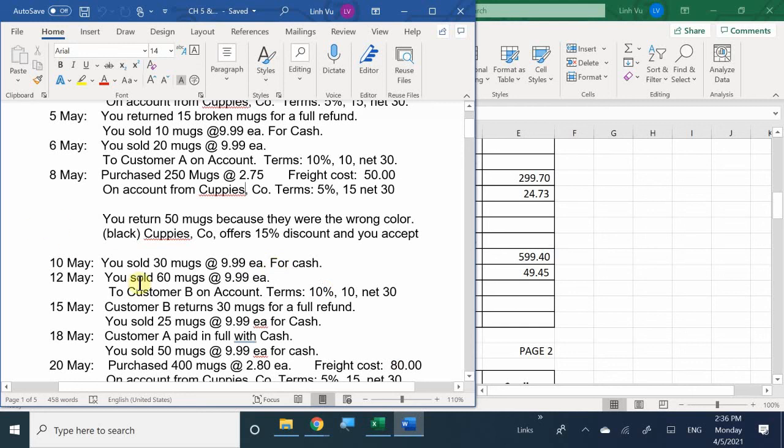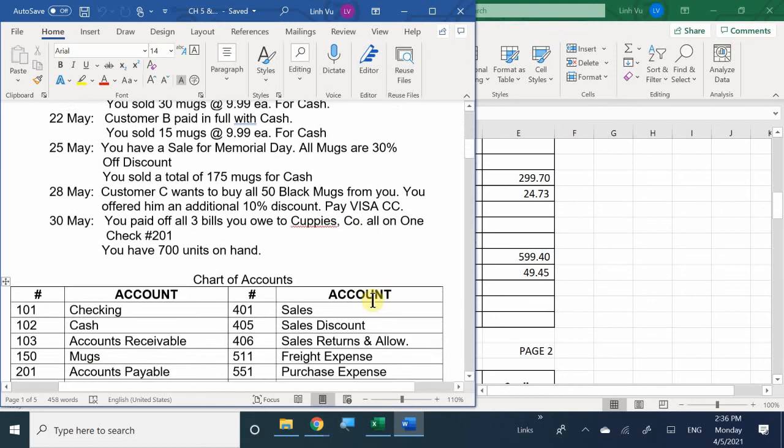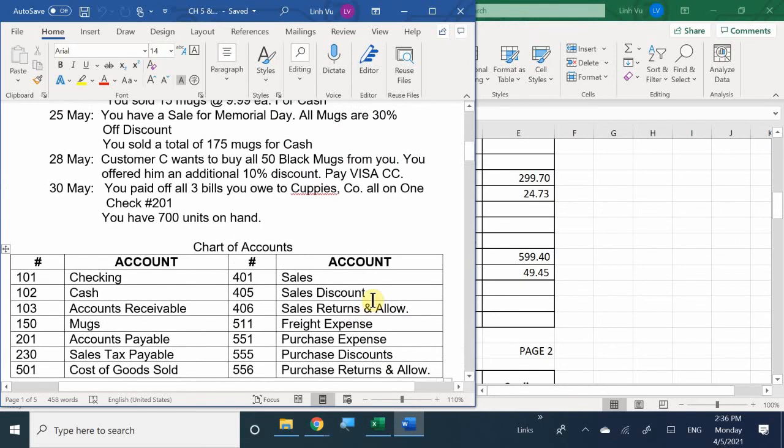Okay. So then what has happened on the 15th of May? Customer B returns 30 mugs for a full refund. Okay. So 3 days later, he comes back to the store and says, I changed my mind. I don't like this. I want half of them gone. Oh, I don't need as many.